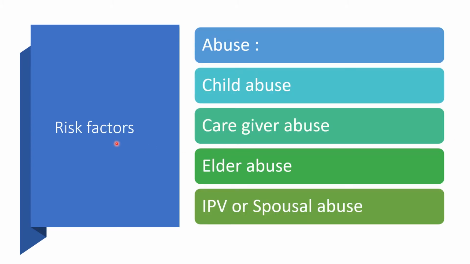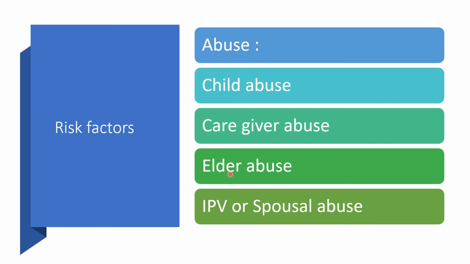What are the risk factors? So now, when someone is presenting with bruises, or you have bruises, or your friend has bruises or frank bleeding, then ask the following questions. Are we dealing with abuse here? If this is found in a child, could this be child abuse? Maybe a caregiver, like elder abuse.